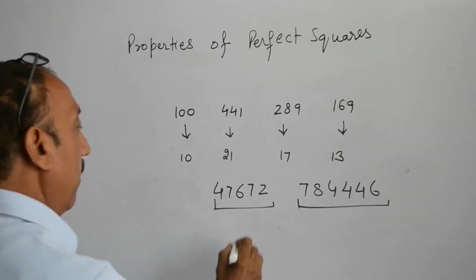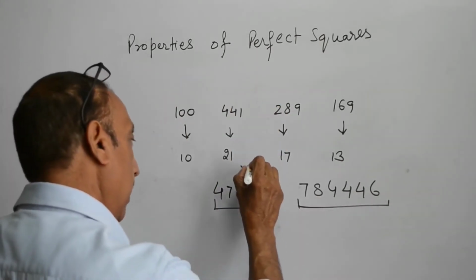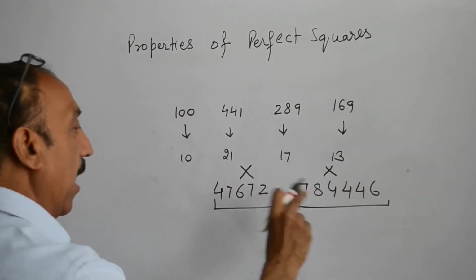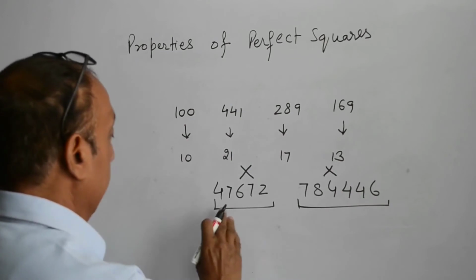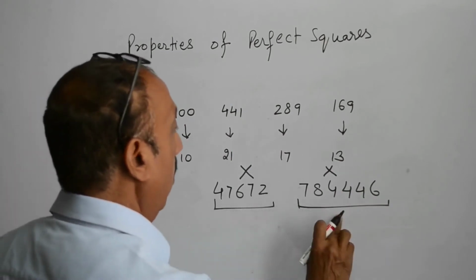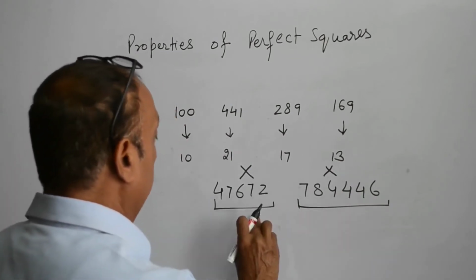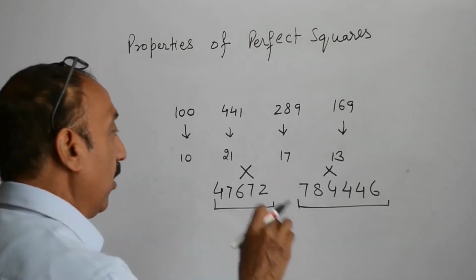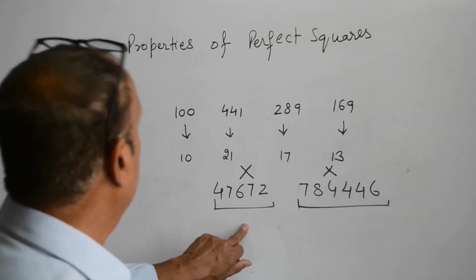These two numbers are not perfect squares. Just by observation, I can say that these numbers are not perfect squares. When we take the square root of these numbers, we will not get whole numbers.